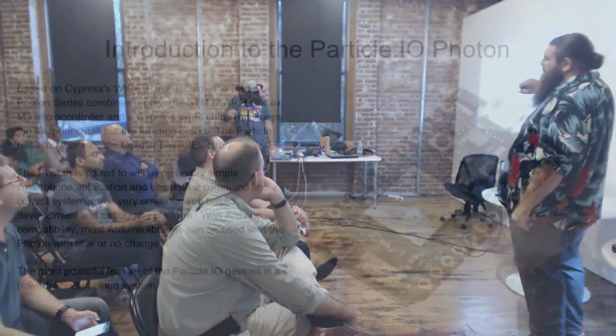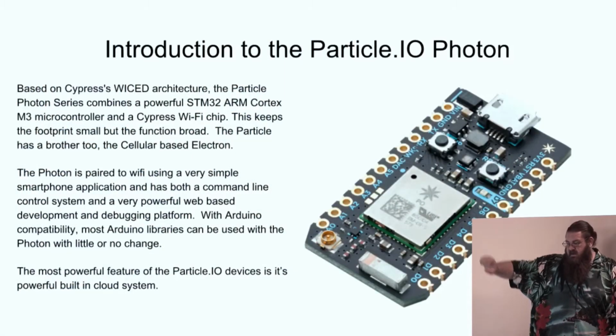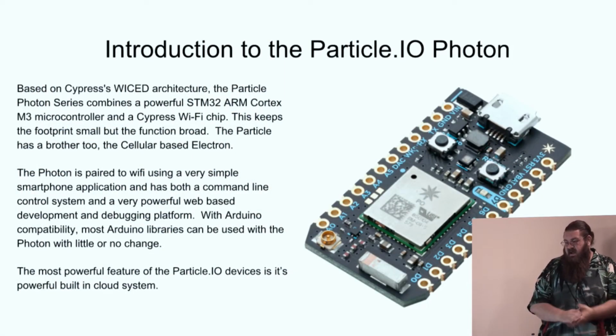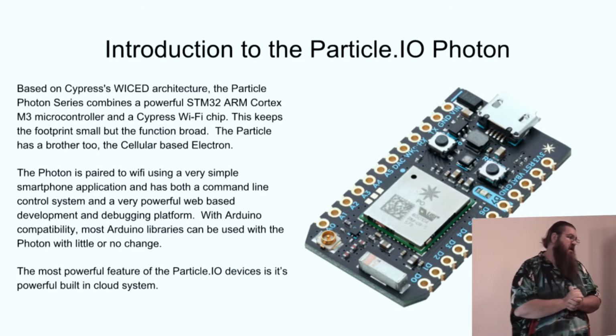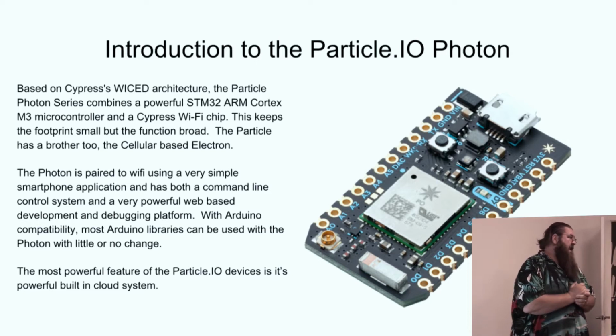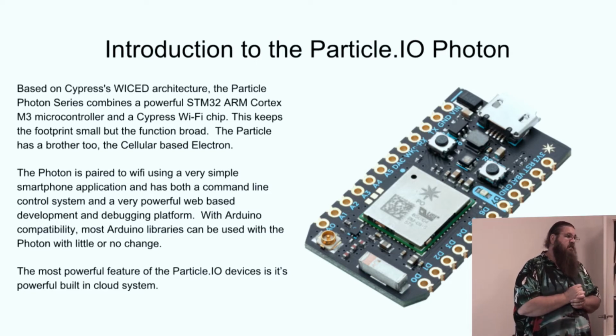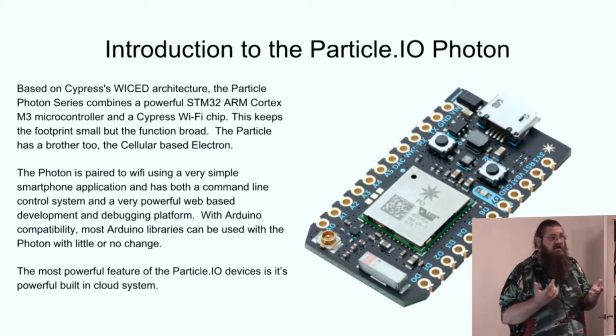So an Arduino is a really cool thing. This is kind of the next iteration of it. This is an M3 microcontroller. It's got more power, more memory, more flash capability. It's faster, it's better.